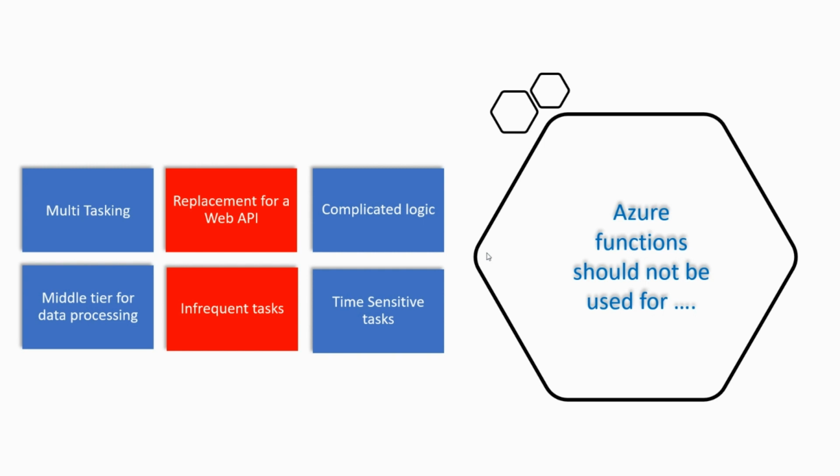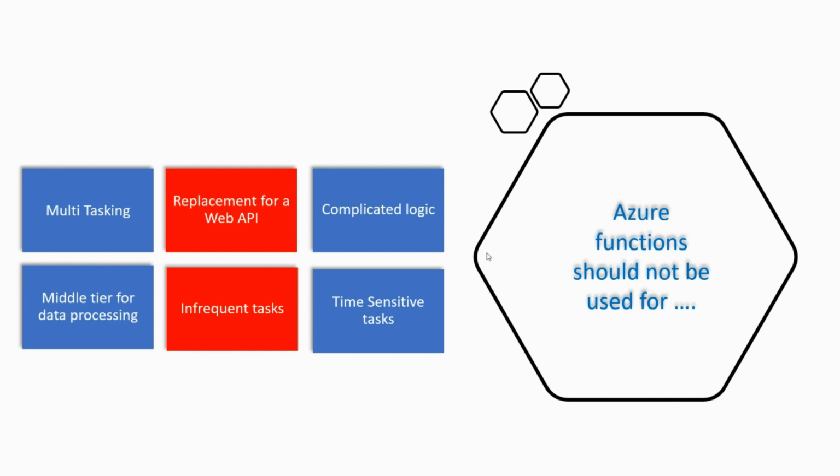Third one, where the function code contains too much complicated logic, you should not go for Azure function. Fourth one, using data from a front-end application while saving to and fro from backend databases, you should not go for Azure function. Fifth one, don't go for Azure function when you are trying to use it for frequent jobs or frequently used scenarios.